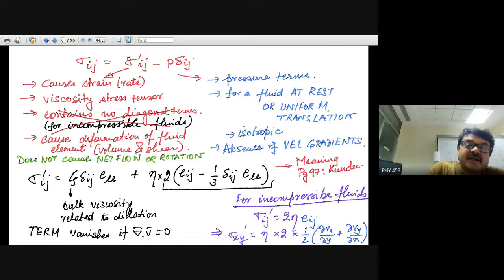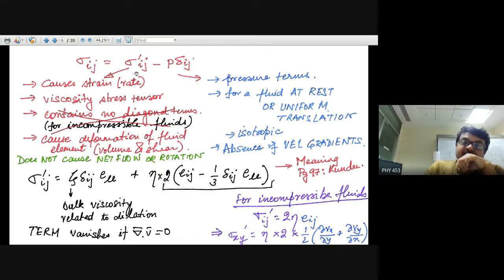This part acts only when there is relative velocity, and is also called the viscous stress tensor. The forces defined by this part cause deformation of the fluid element, and you could have volume deformation or shear deformation. And if sigma ij is uniform as a function of x, y, z, then it does not cause net flow.